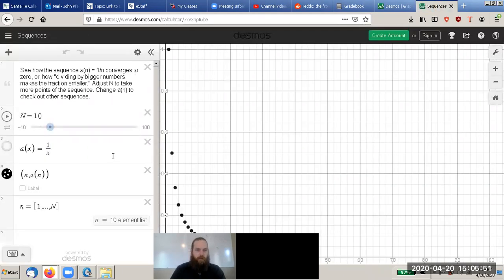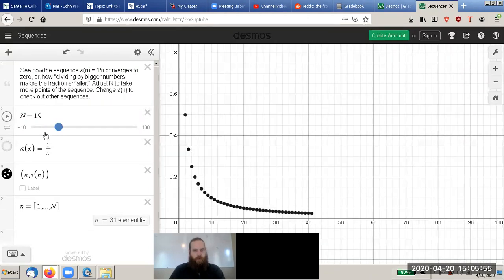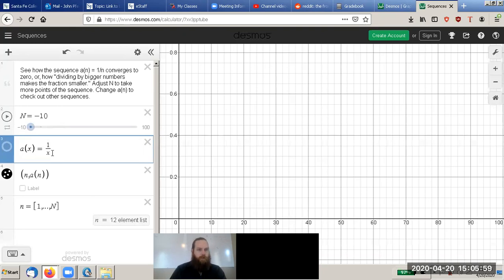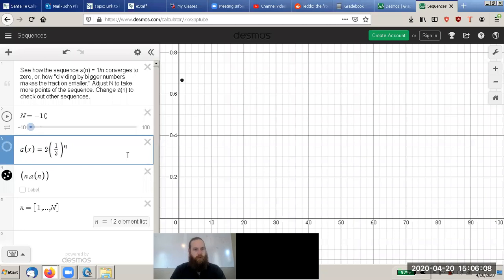Yeah, it's trying. Here you go. So this is graphing the first few terms of the sequence 1 over n. So let me fiddle with this just a little. There we go.